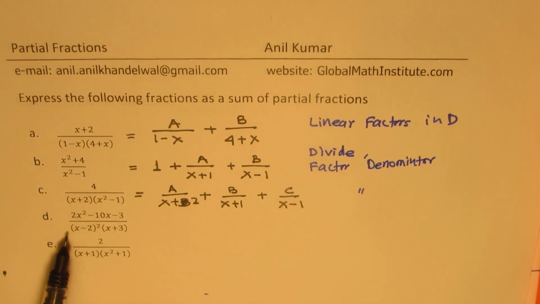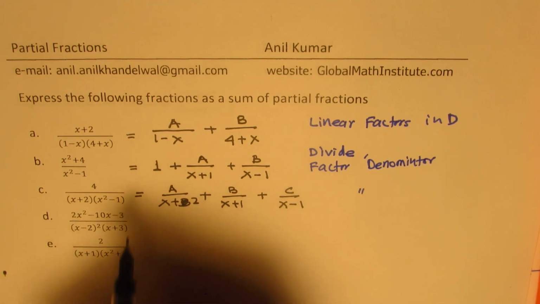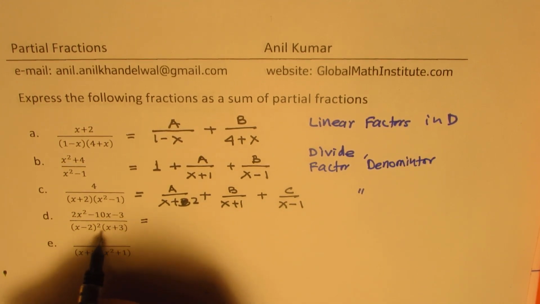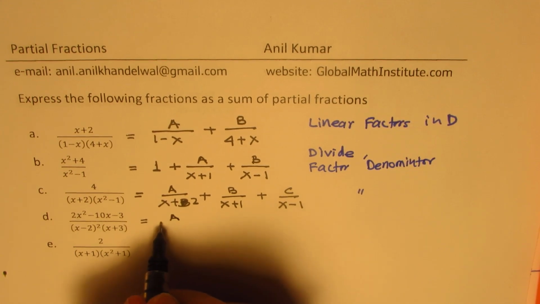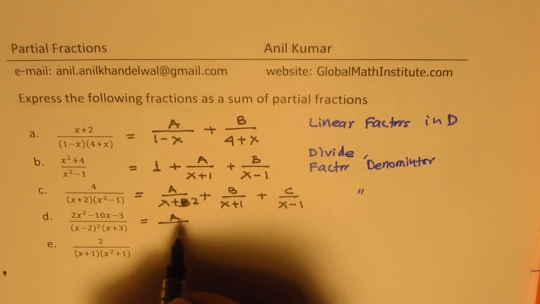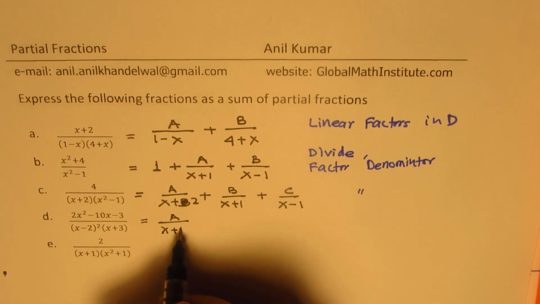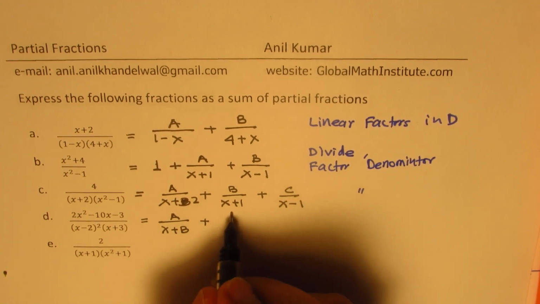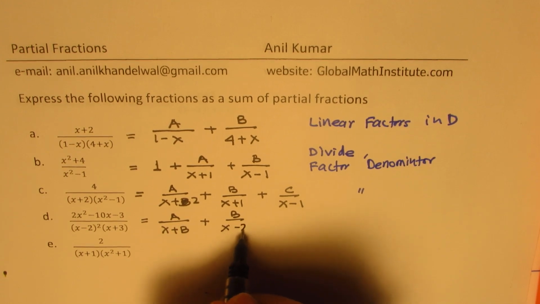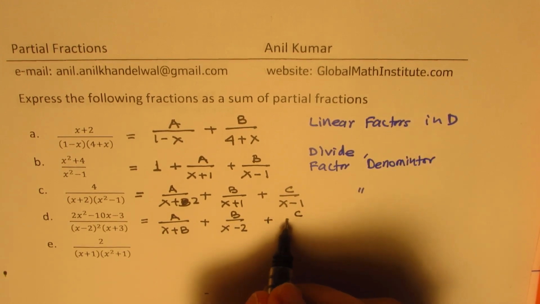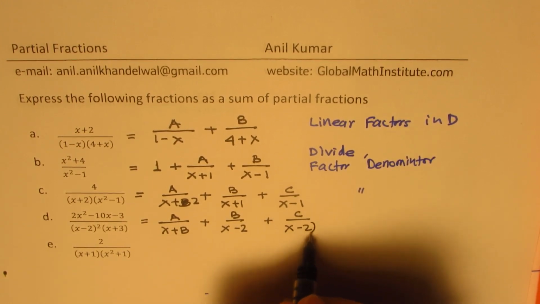Now we have an example where again we have x minus 2 as a double linear factor, squared. So here the principle is slightly different. You will have partial fractions in the form of a over x plus 3 plus b over x minus 2 plus c over x minus 2 whole square.